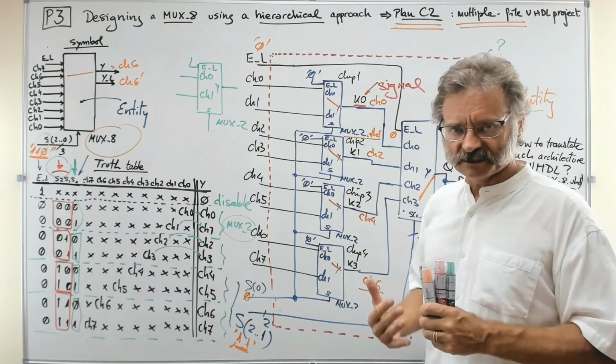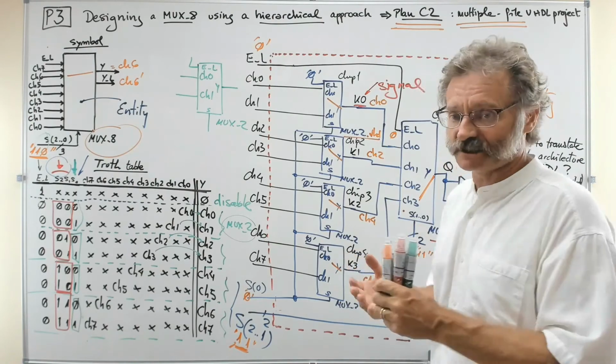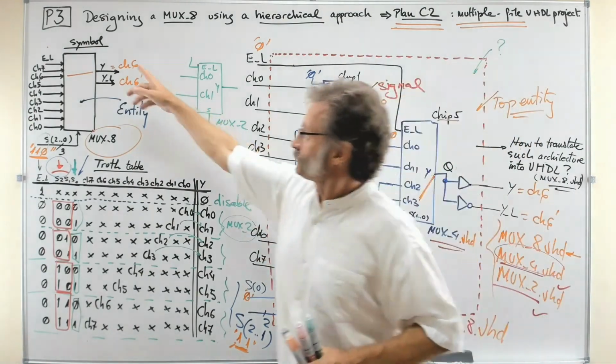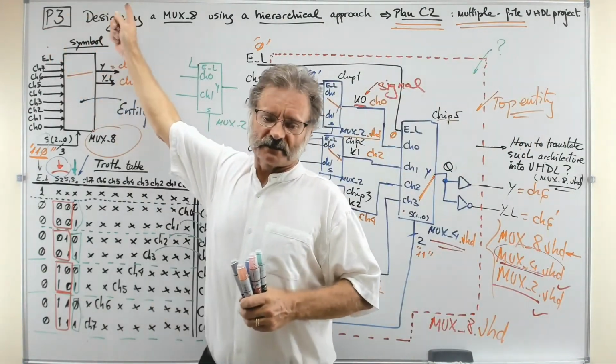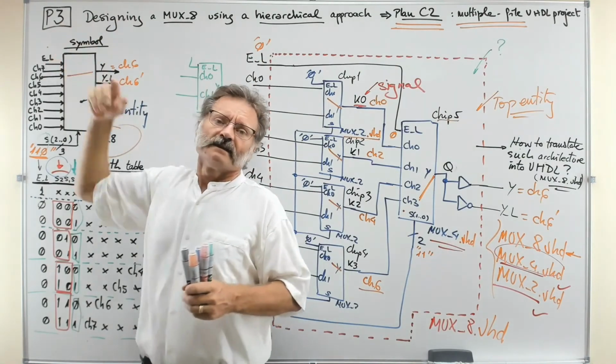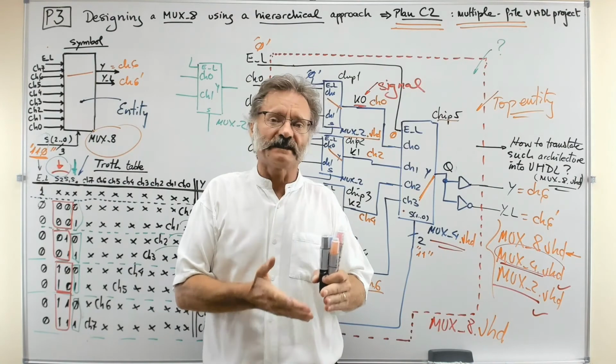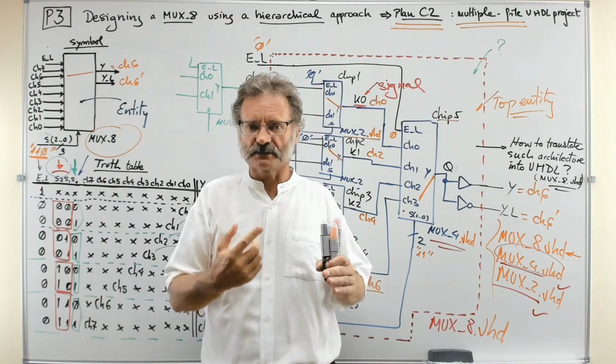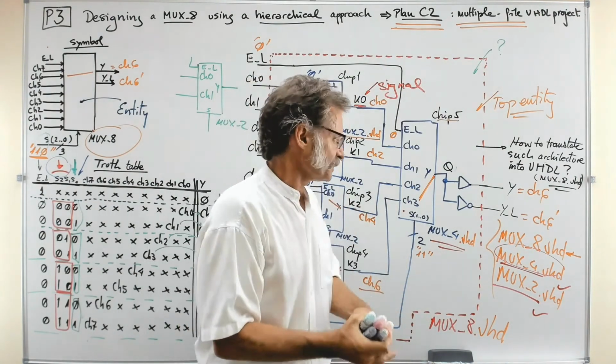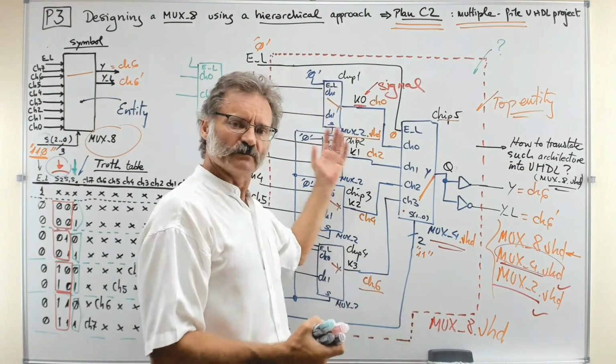Once you have learned how to do it, for example, in this chapter 3, which is basically about arithmetic circuits, you will very soon be inventing, for example, a 4-bit adder based on 1-bit adders. So the same idea here. You have a MUX8 based on MUX2s.